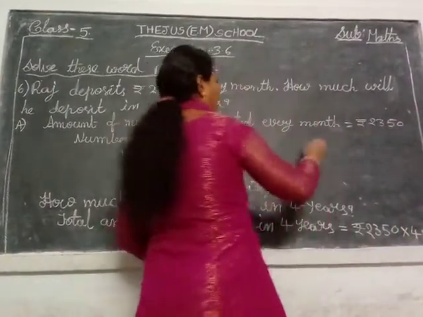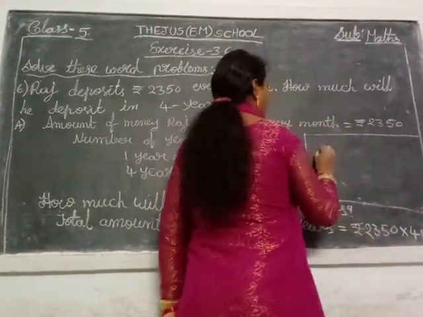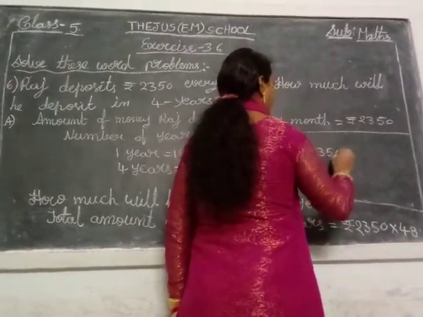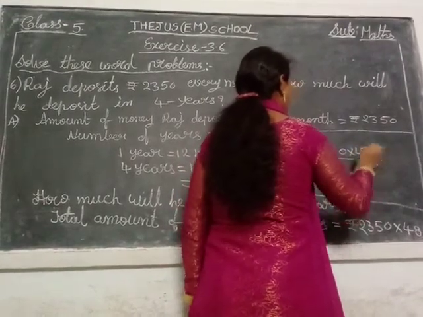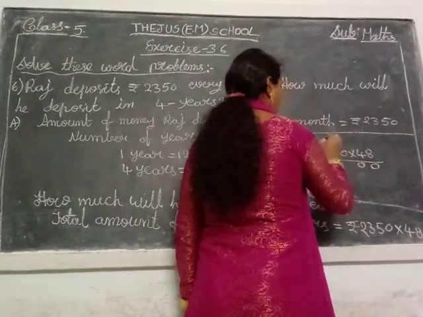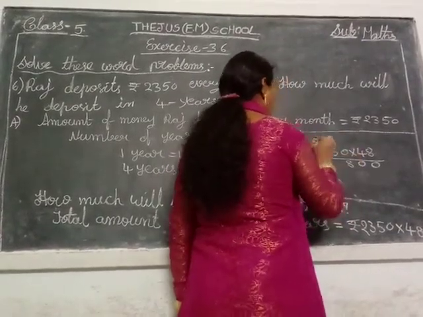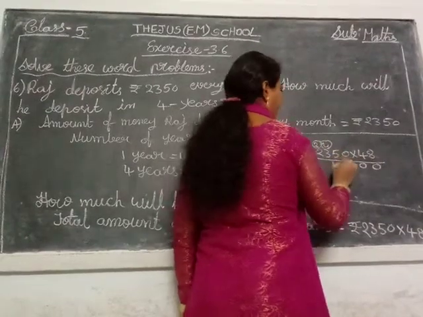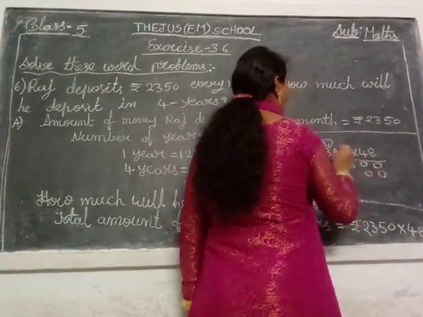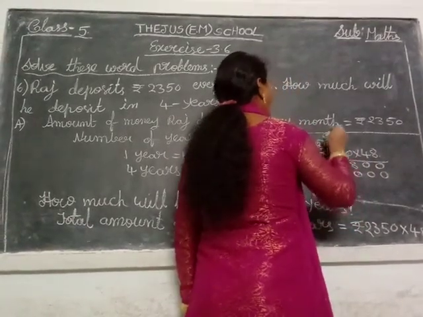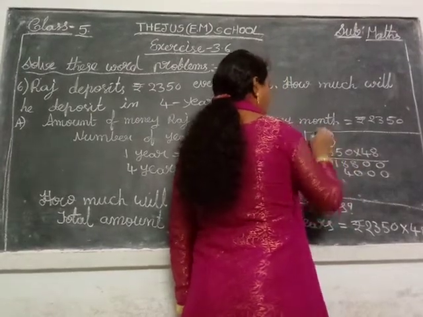So here we do the multiplication, children. 2350 into 48. 8 zeros 0, 8 5s are 40, 0 and 4, 8 3s are 24 plus 4, 28. 8 2s are 16 plus 2, 18. 1's place completed, put the 0. 4 zeros 0, 4 5s are 20, 0 and 2. 4 3s are 12 plus 2, 14. 4 2s are 8 plus 1, 9.